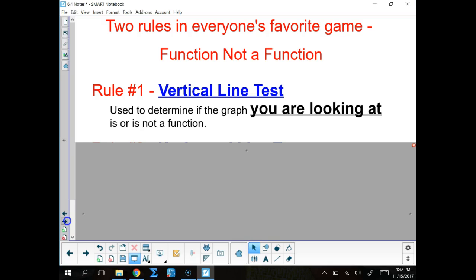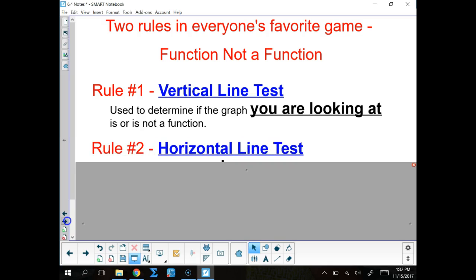Okay. I'm going to add a rule today, and that rule is the horizontal line test. So, how are vertical and horizontal related? They're perpendicular. Is that it? Think about what we're doing today and what we did yesterday. They're inverses. So what do you think the horizontal line test would tell me?